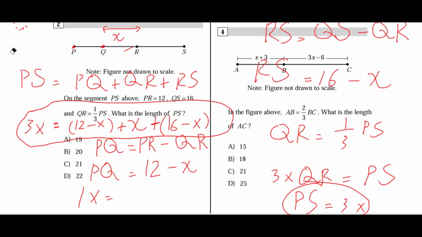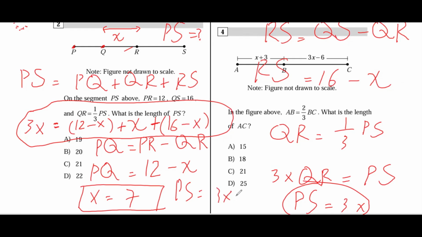Which is 7. Yes. So now what we have to find in the question is the length PS. Yes, we substitute. So PS equal to 3x.